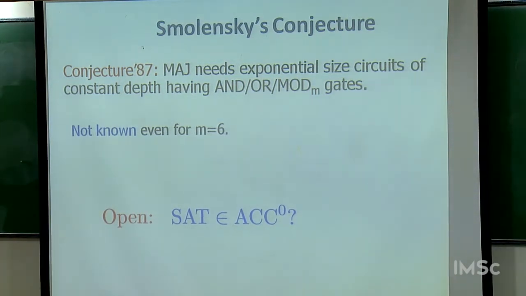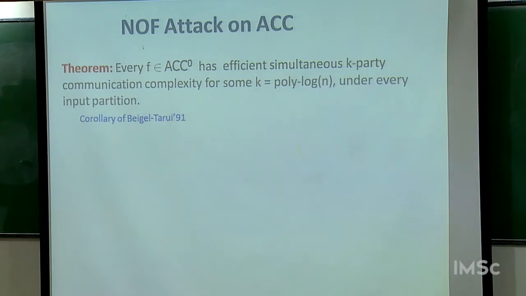So what's the attack by number on forehead communication complexity? This is a very classical theorem, first observed by Goldmann and Håstad based on a result of Beigel and Tarui.